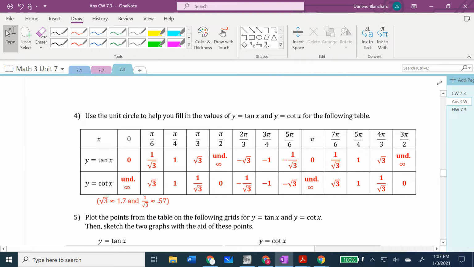If I bring up the unit circle, I can show you these a little bit faster. So let me find my unit circle if I can remember where I located it. Give me just 1 second.